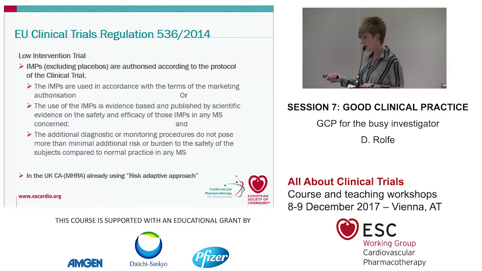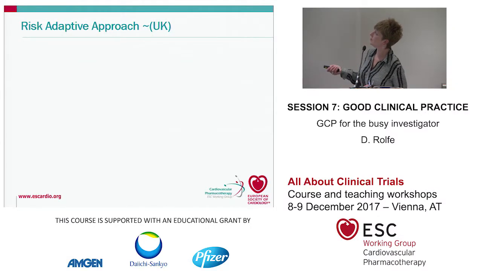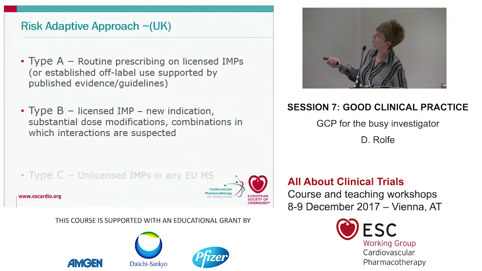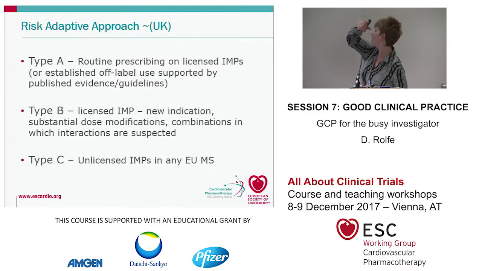So in the UK, the MHRA are already using this risk adaptive approach, and their risk adaptive approach has actually been adopted into the regulation. So I just thought I'd put it up here so that you can see what this actually means. So we've got 3 types of studies in the UK.